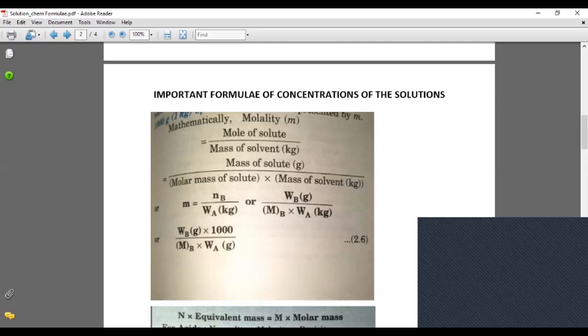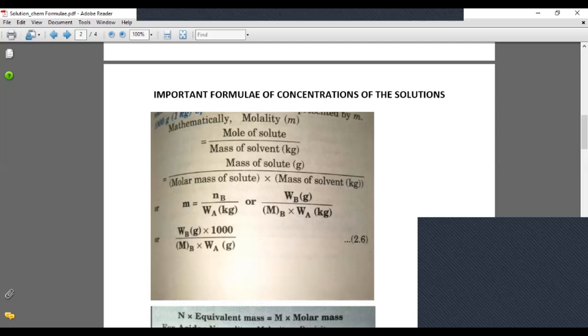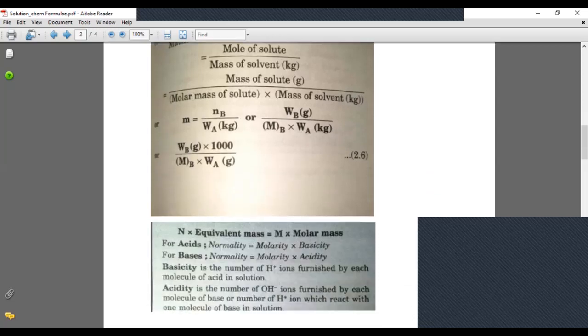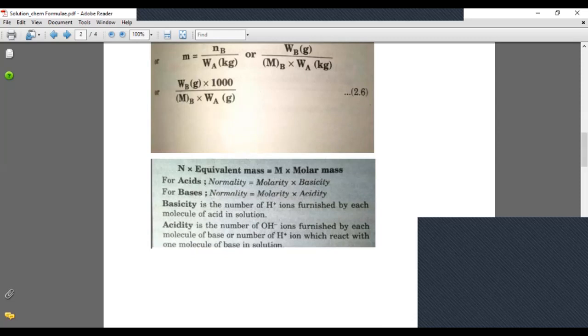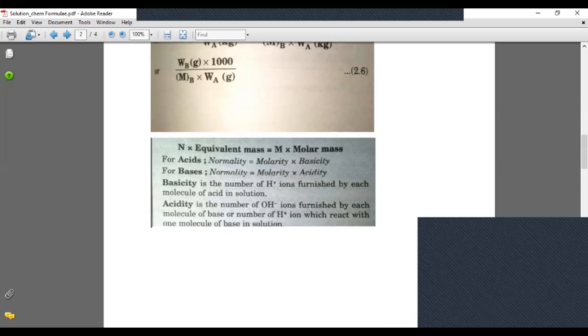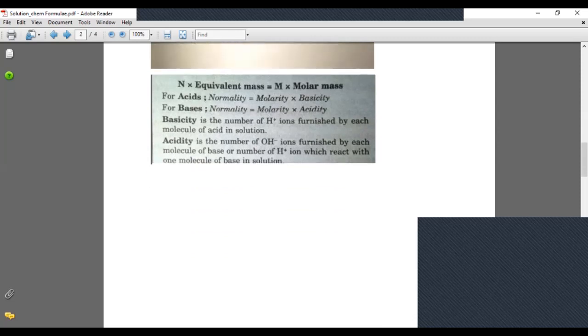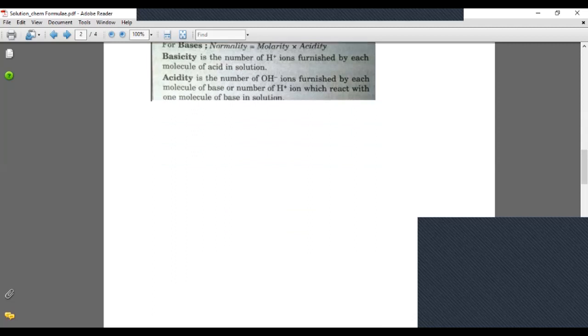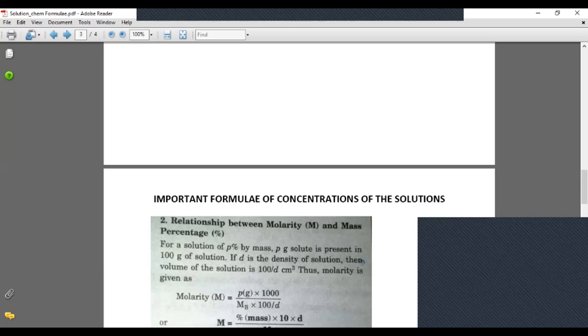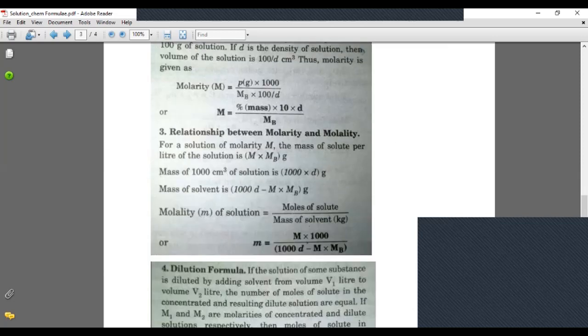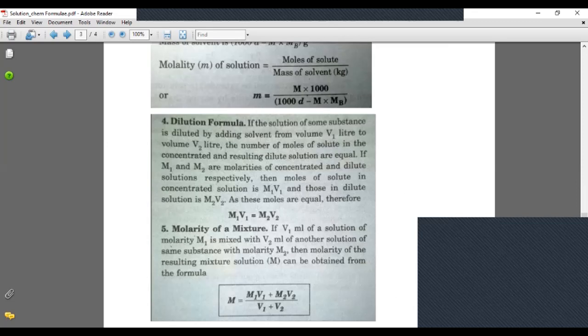Now the next way of expressing concentration of the solution is mole fraction. Mole fraction is the number of moles of a particular component divided by the total number of moles of the solution.